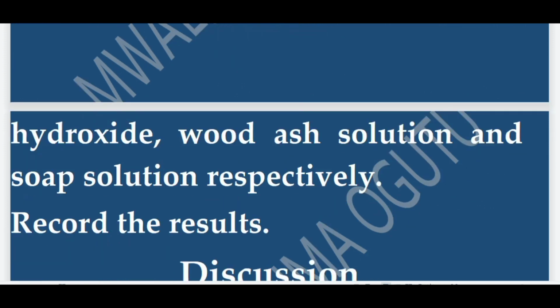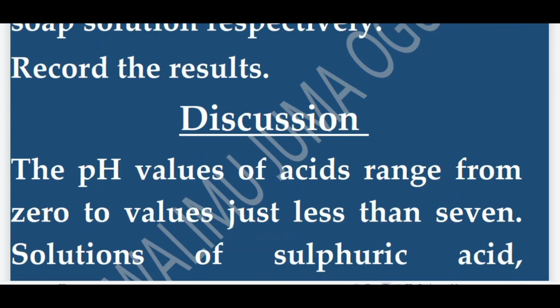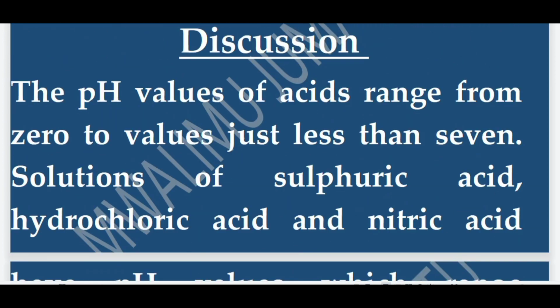Using all those substances, we carry out the experiment to see the color change, and then we compare them using the pH chart to determine the pH value of each. So we discuss some of the observations that have been made.